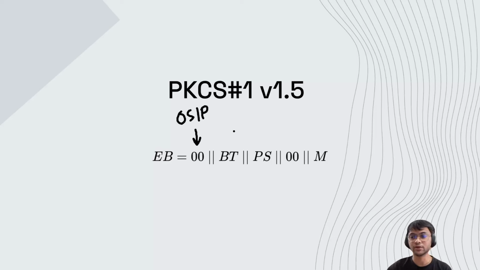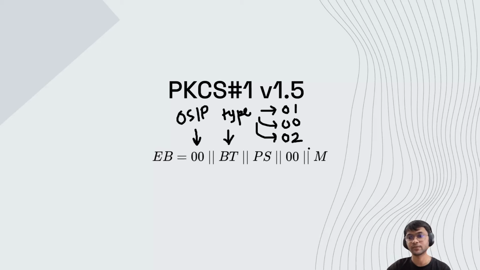The next block that we see here is BT, or the block type. This tells us the type of padding being used. The standard defines three possible values: 00, 01, and 02, to support different operations.